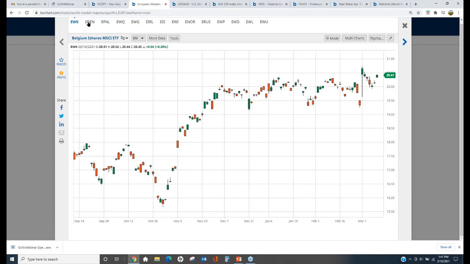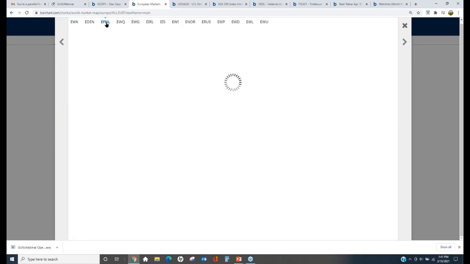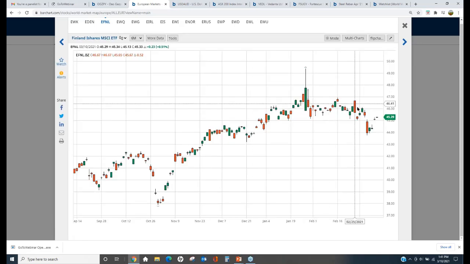And so the ones that I noticed that were bouncing, here's Denmark. You can see a nice little bounce, very similar to what looks like our euro dollar, and we could go into the dollar Denmark currency to look for that opportunity. Here's Finland, same thing, that little bouncing action. But I really like to see trends that are already developing. I'm kind of a momentum or trend trader myself.